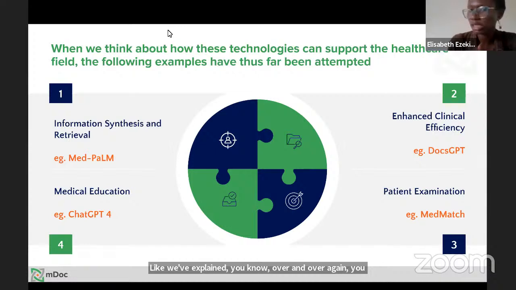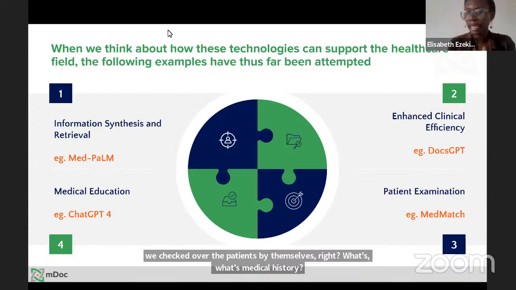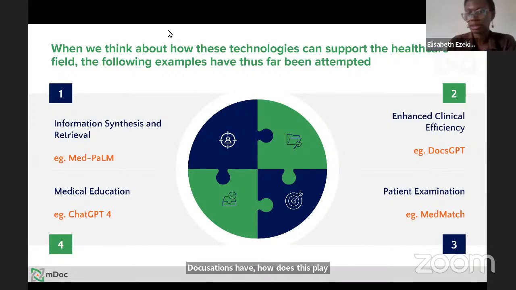From understanding what the patient's information is, what the health metrics were that were checked, what the patient's vitals were, right? What medical history does this patient have? How does this play a role in the patient's final outcome around the precision or diagnosis of this patient's condition, right? And there is a tool called MedPalm that is helpful for this, right?